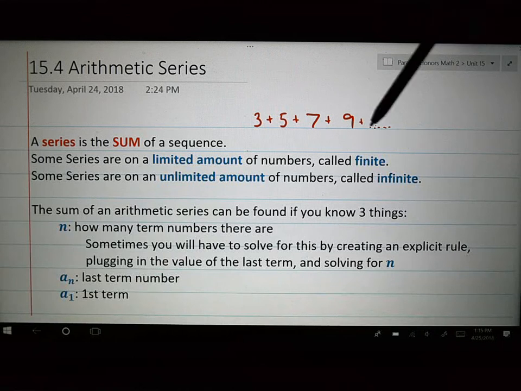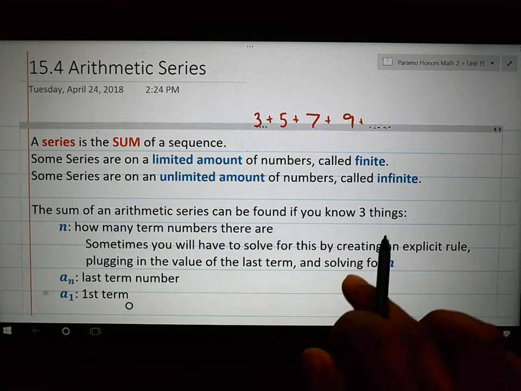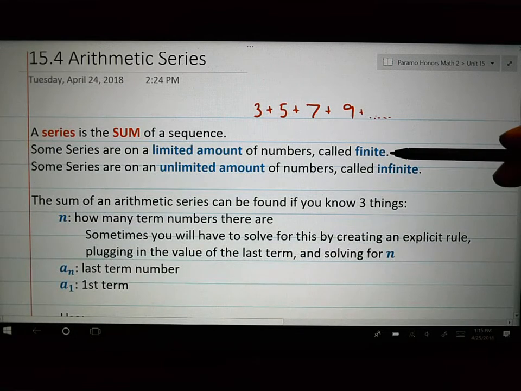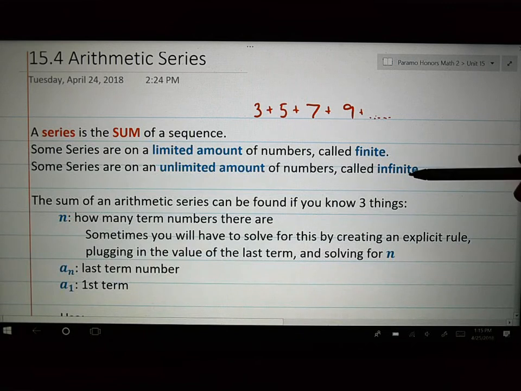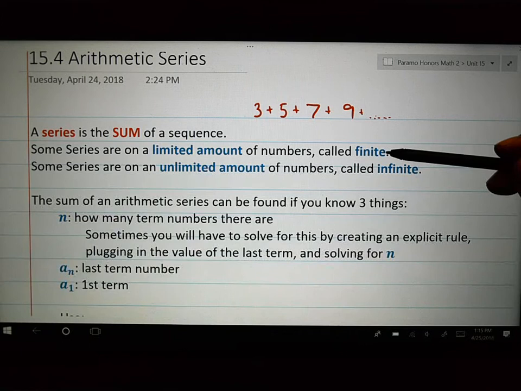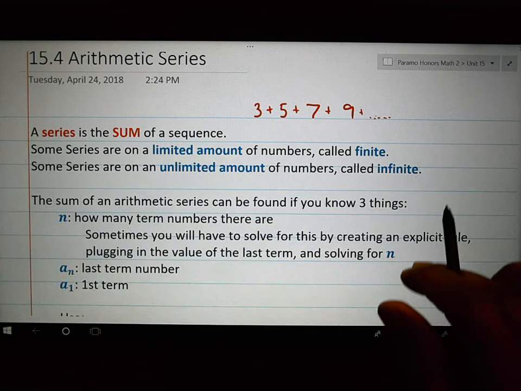Things that have an infinite series, sometimes there is a sum, sometimes there's not. And you will learn that throughout this section. The difference between finite and infinite. Finite, it ends. There's a countable number. And infinite goes on forever.